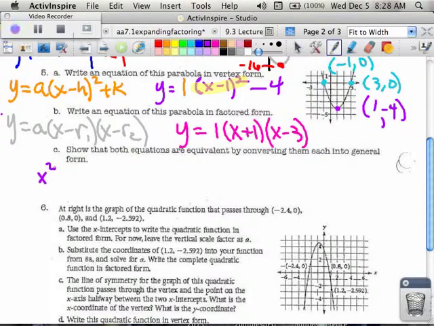I squared the last thing, that's +1, and I multiply everything together. 2 times x times -1 is -2x. And then that was y equals, and don't forget about the -4 on the end. So the stuff that you see right here was what happened when I FOILed out that x minus 1 squared.